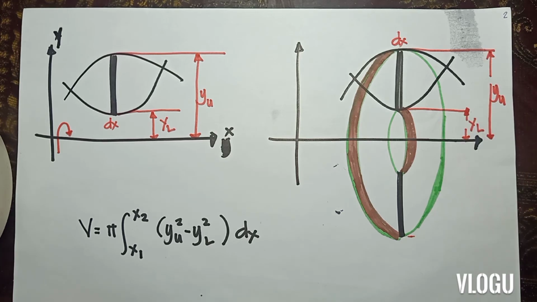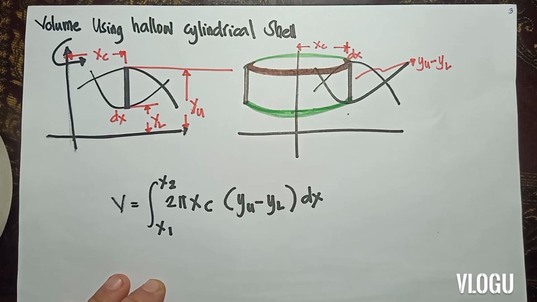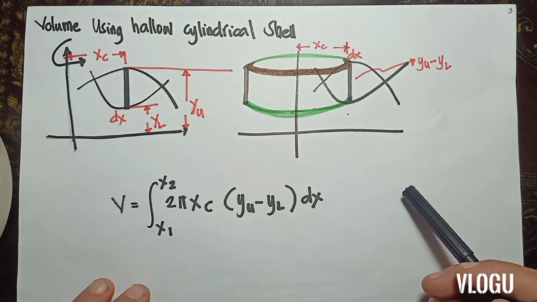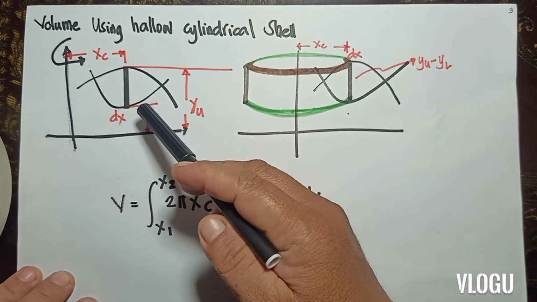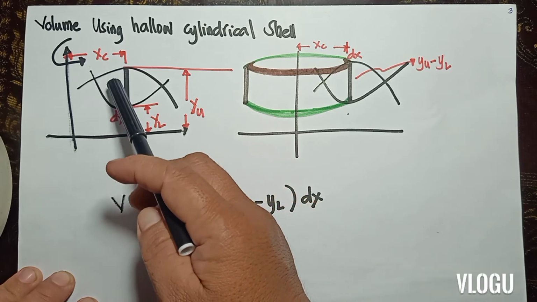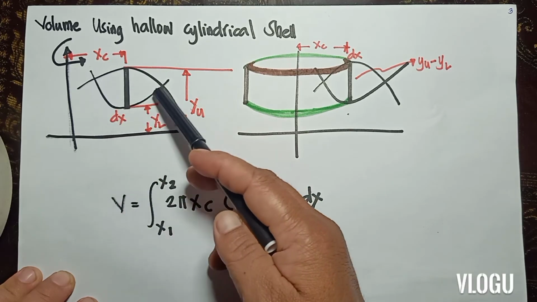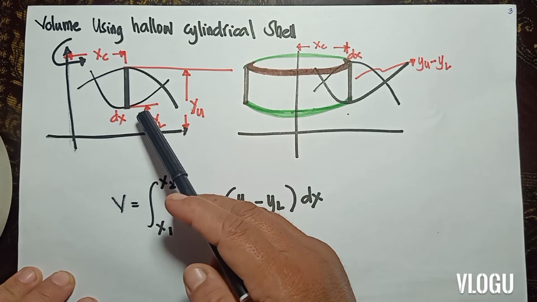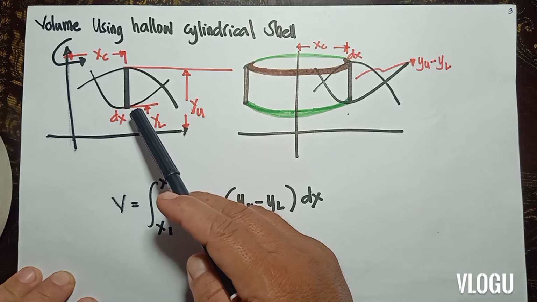We can also find the volume using hollow cylindrical shells. For example, we have formed an area between two curves, then we are going to take a vertical strip.